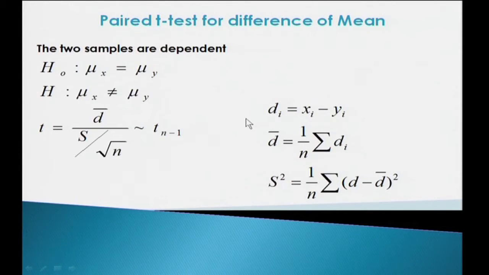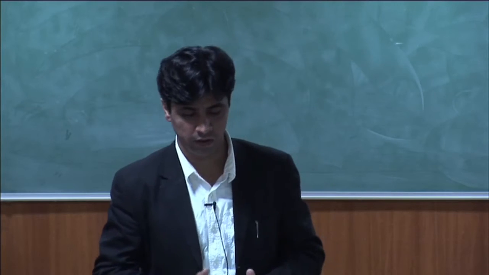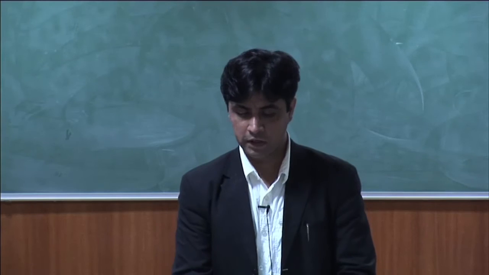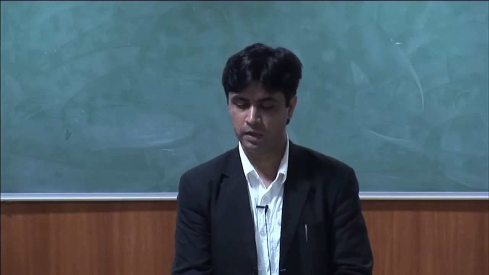So I repeat, you will have some observations xi and some observations yi under the pair t-test, and obviously you can identify whether these two samples, sample 1 of xi and sample 2 of yi, are independent or dependent. If they are dependent, obviously the pair t-test will be applicable.